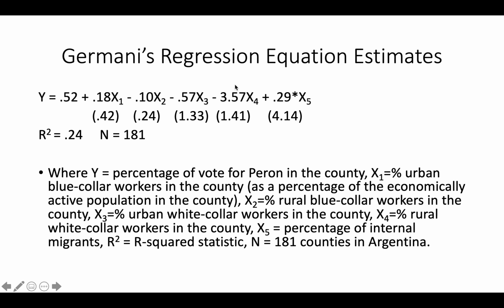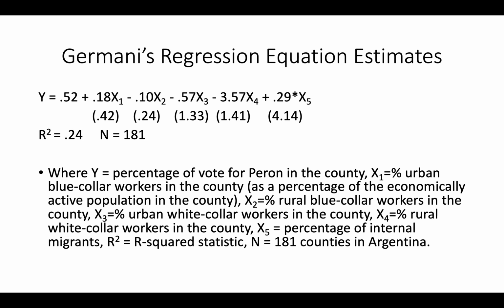X sub 4 is the percentage of rural white-collar workers in the county. X sub 5 is the percentage of internal migrants. R squared is the R squared statistic for the model, and N is 181. That's the 181 counties in Argentina. Thus, it's a cross-sectional design taken at one point in time, the 1946 presidential election in Argentina.